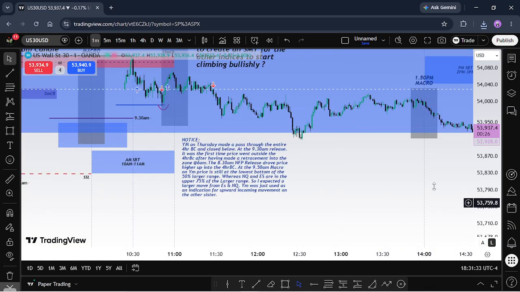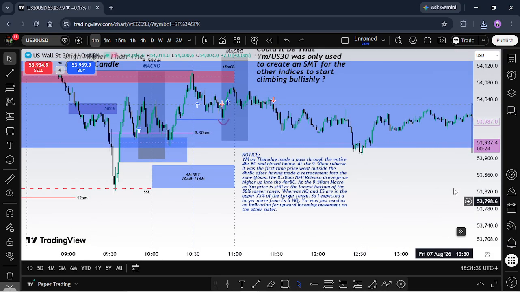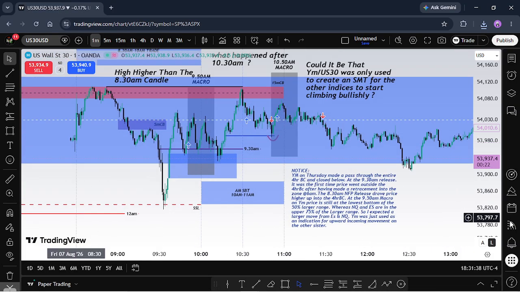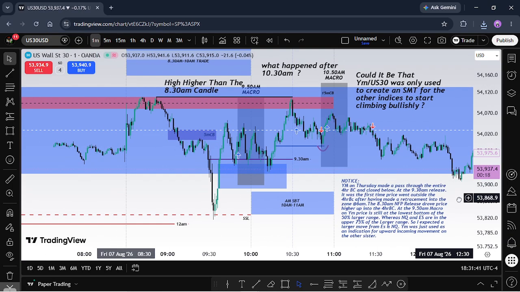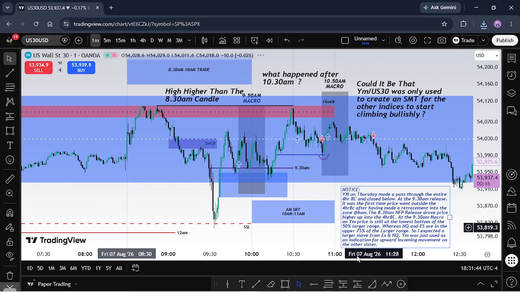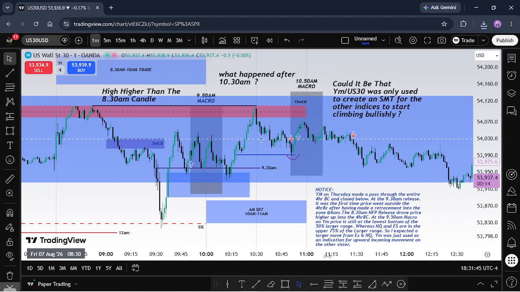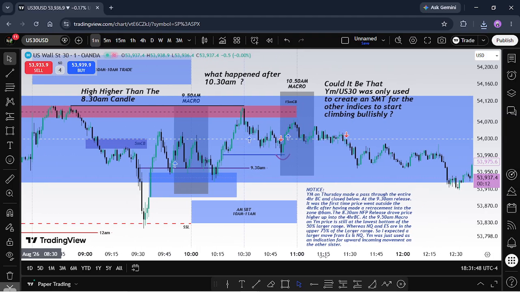So it was just used as a means to indicate that price would go higher. So it was the weakest. Interesting. It ended up the weakest because it had more resistance.